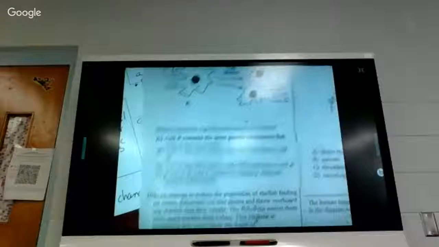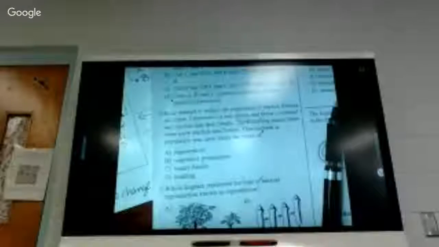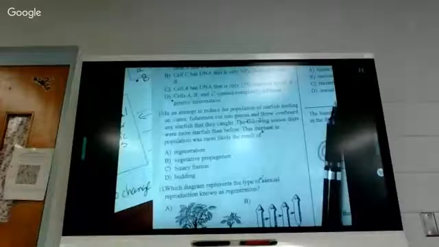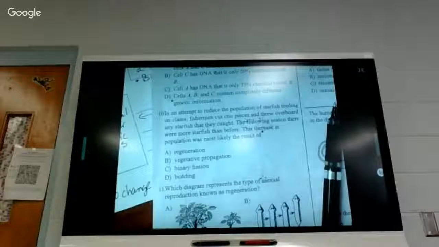All right, I love this one. This one kind of surprised some people in the other classes. So starfish are predators. I don't know, for some reason people picture Patrick and he's like nice and squishy and not a predator. Well, starfish are predators. They don't have eyeballs, but they have very strong suction cups. So what they do is they like mussels and clams. So like, you know what a clam is, or mussel or oyster?